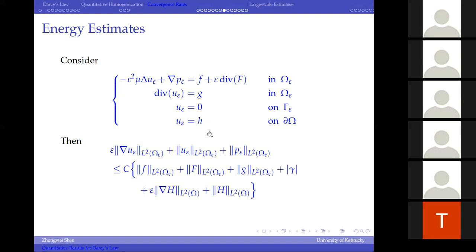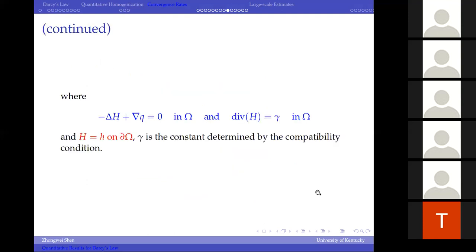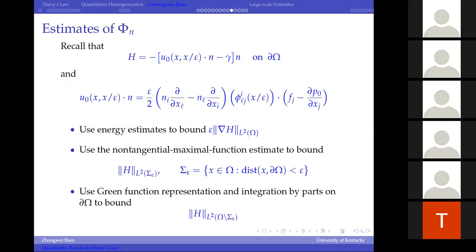So the one problem is that you don't see any possible decay from capital H, because H here is just the L2 function. The boundary value is a small h there. So that's a problem we need to handle using the previous observation.